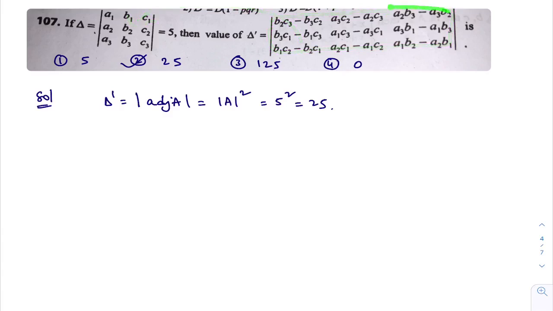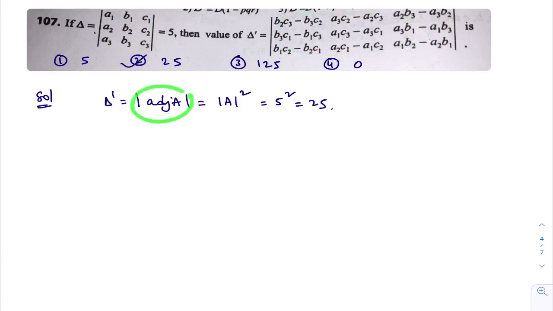That means delta dash is nothing but the determinant of adjoint A. Adjoint A means this part here. The previous question we discussed is very similar. Here, these are all the cofactors of this. So what they are asking, delta dash, is the determinant of adjoint A.